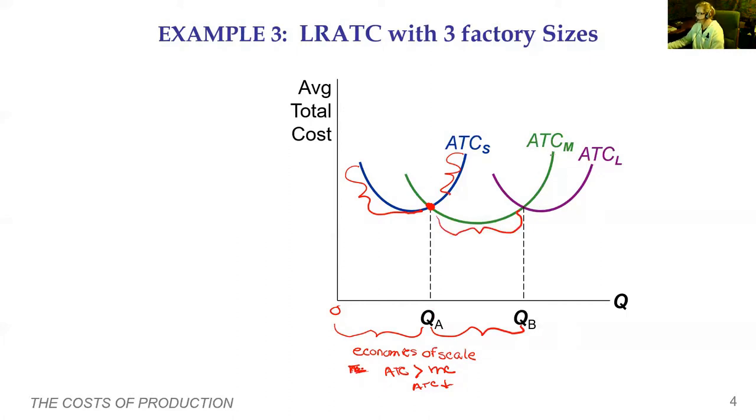Again, I do not want to be in diseconomies of scale. So the minute that my average total cost curve starts to creep up, why would that happen? Because then marginal cost is greater than average total cost. And that's what causes diseconomies of scale, because average total cost is increasing.